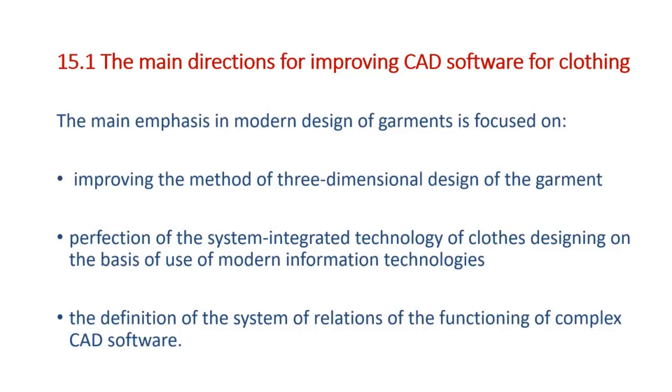Here I would like to say that the main emphasis in modern garment design is focused on improving the method of three-dimensional design of the garment, perfecting the system-integrated technology of clothes design on the basis of modern information technologies, and defining the system of relations for the functioning of complex CAD software.